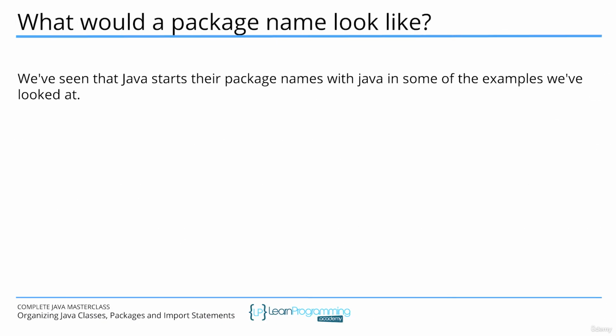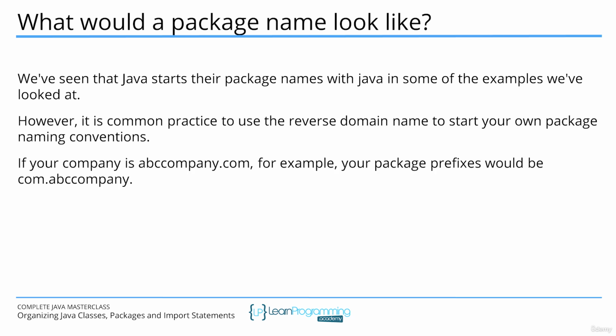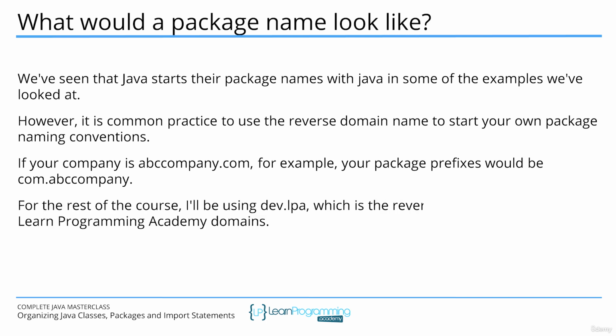We've seen that Java starts their package names with java in some of the examples we've looked at. However, it is common practice to use the reverse domain name to start your own package naming conventions. If your company is abccompany.com, for example, your package prefixes would be com.abccompany. For the rest of the course, I'll be using dev.lpa, which is the reverse domain of one of my Learn Programming Academy domains.